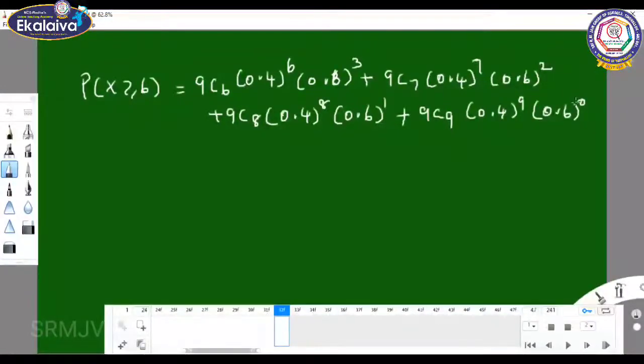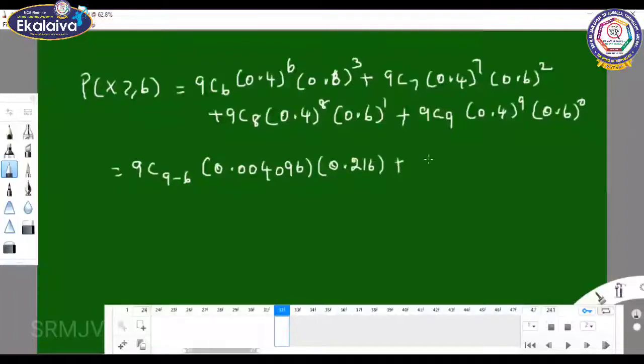See the value here. It gives 9C6. 9C6 is nothing but 9C3, that is 9C9 minus 6, we can write in such a way. Then the calculation of these two parts: 0.004096 into 0.216.